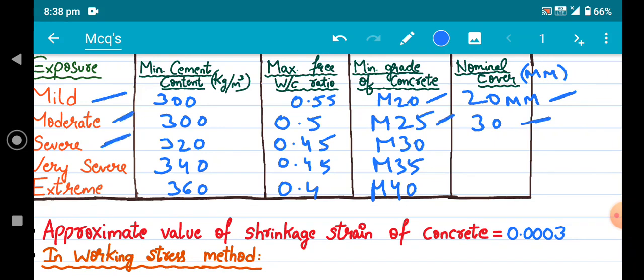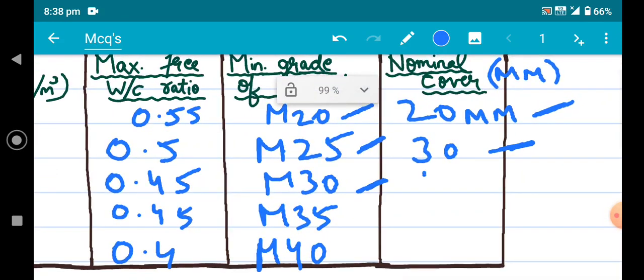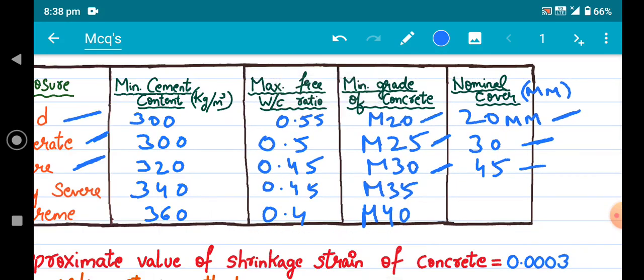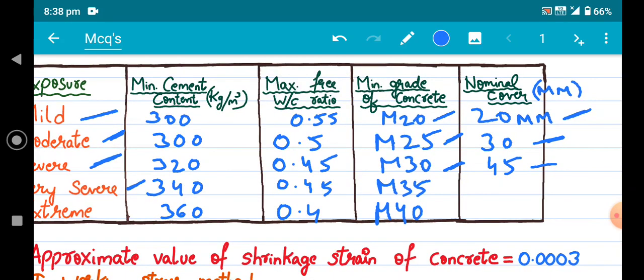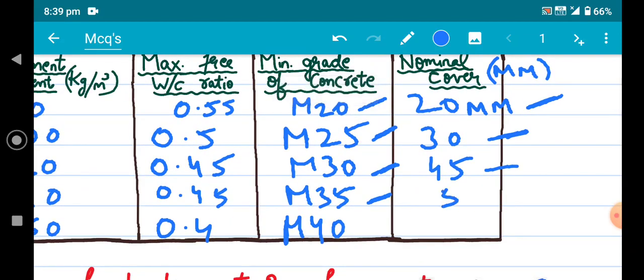And for severe exposure condition, the minimum grade of concrete is M30 and the nominal cover is 45 mm. For very severe condition, the minimum grade of concrete required is M35 and the nominal cover is 50 mm.